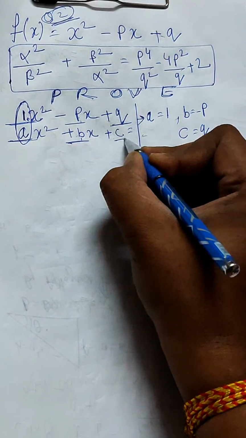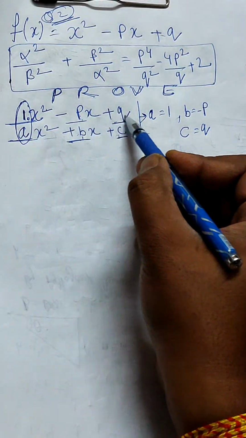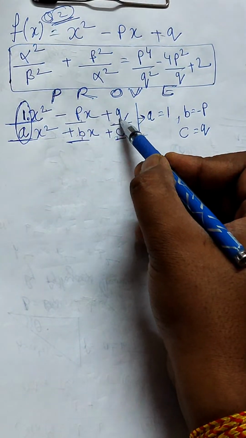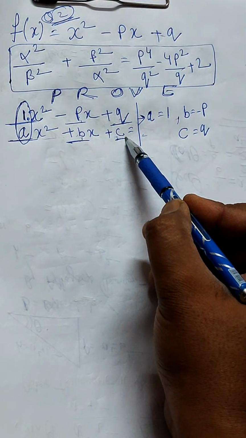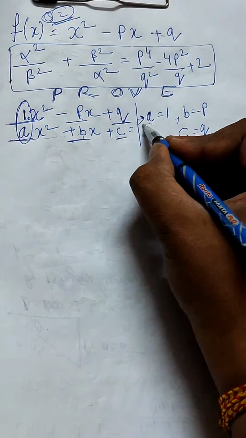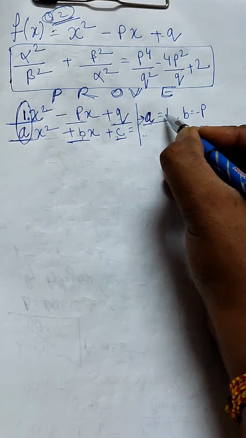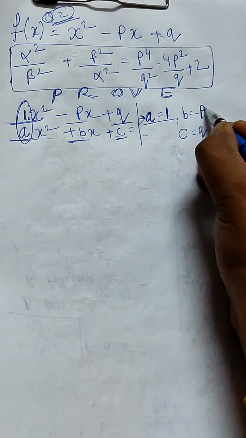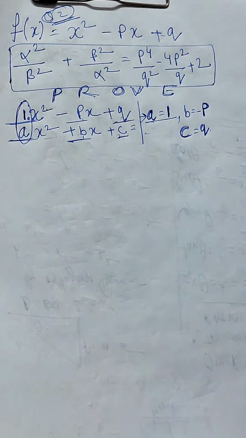You are just comparing it with the standard form of the quadratic equation. This is our equation, x square minus px plus q, and this is the standard form. Here the values of a, b and c are calculated: a is equal to 1, b equal to minus p and c equal to q.